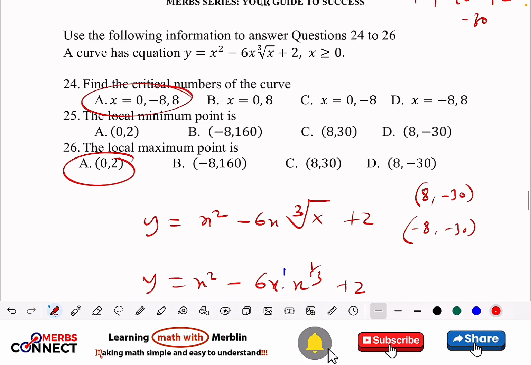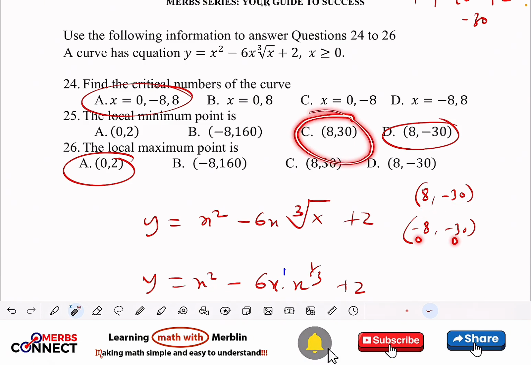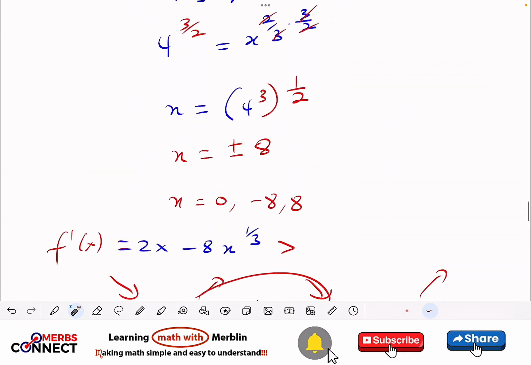So we had both of them here. This one is 8 and minus 30, this is minus 8 and minus 30, but this one is not that. So we are choosing this one, D, for local minimum and local maximum.